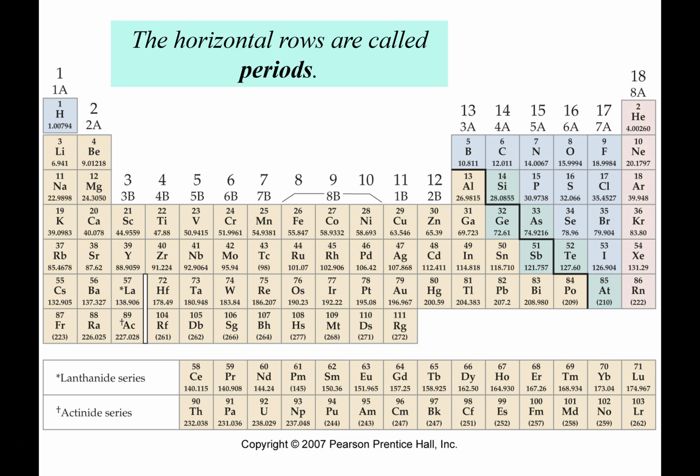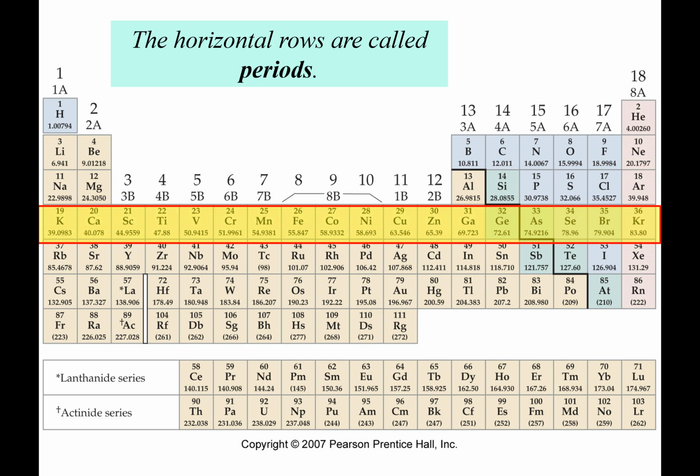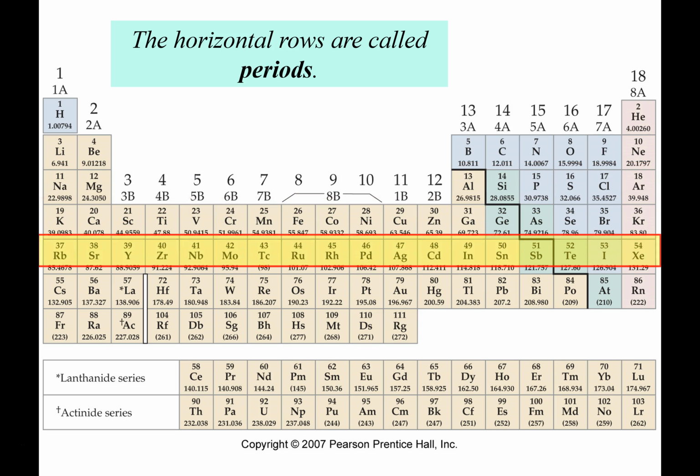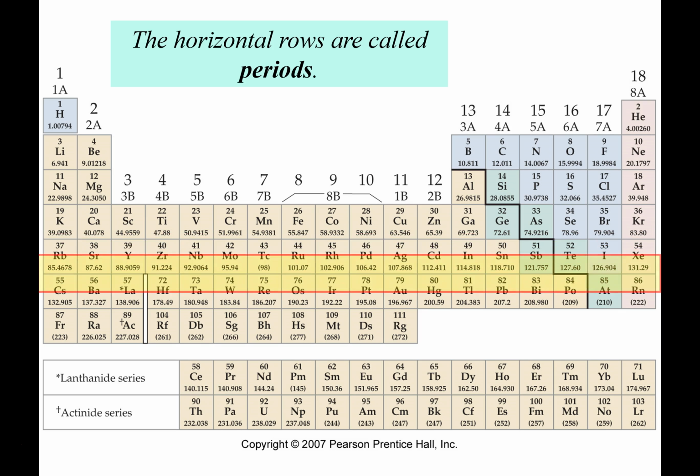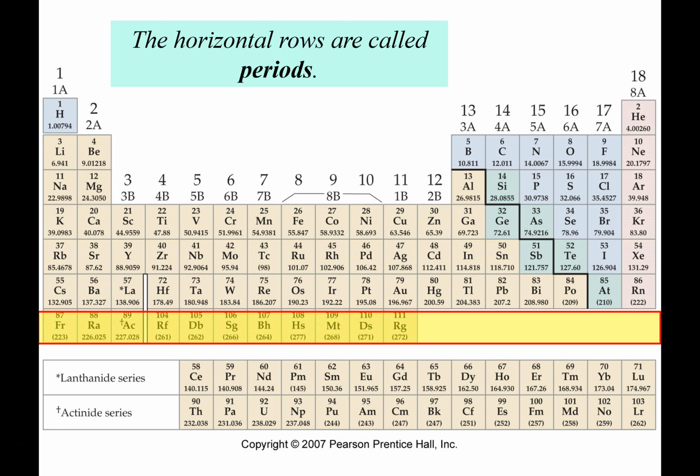So up and down, a column, is a group. A row is called a period. So these are all the periods, and they also have a designation. I'm going to go over the periodic table, and I bet it has the same designation I'm used to. Yep, I can see it from here. See these red numbers?